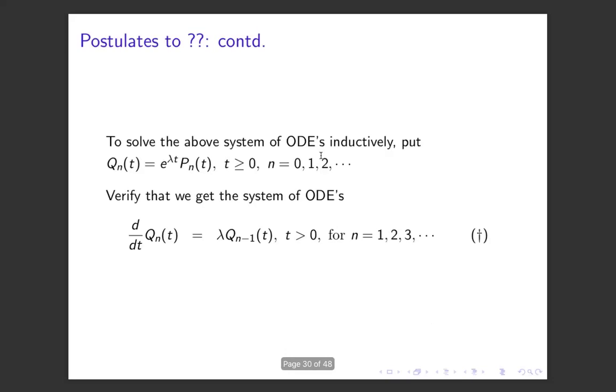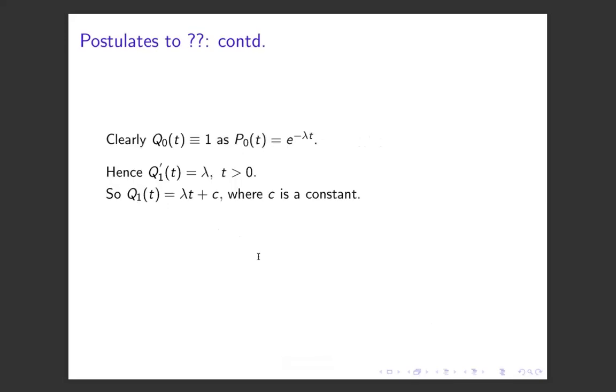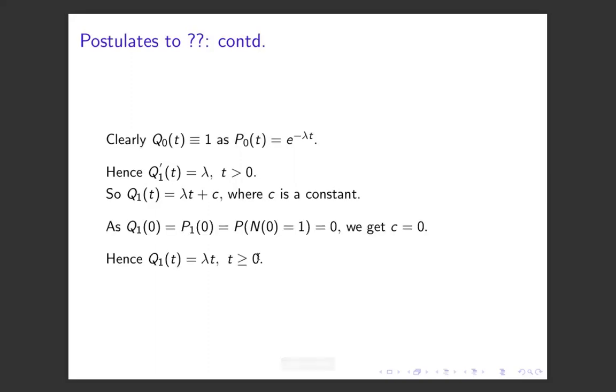So this equation becomes the derivative of Q_1 equal to lambda. So which means Q_1(t) is lambda t plus a constant. So that constant we have to find using the information we have concerning the initial value.